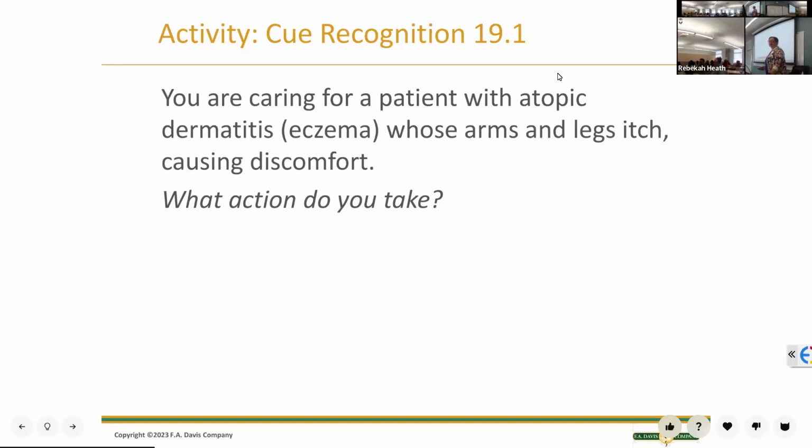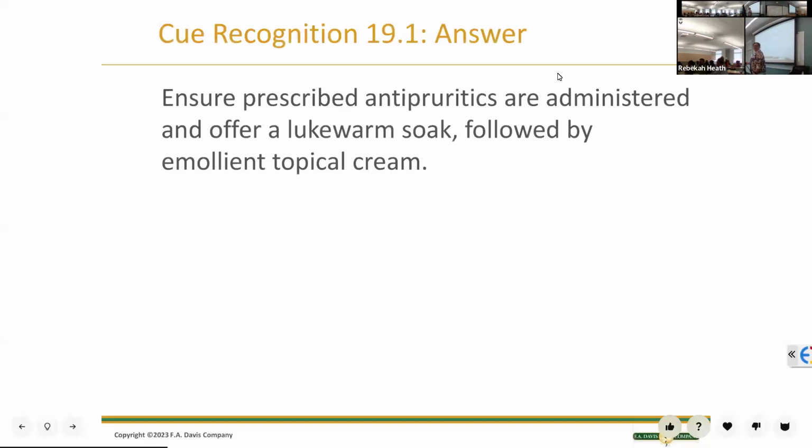All right, let's compare our answers to F.A. Davis. So, have they been prescribed medication and are they taking it, right? That's important to know because if it's so bad, they are coming to a provider. Let's make sure we're following our plan. Then we often will say lukewarm soaps. We don't want the soap to be too hot or cold.